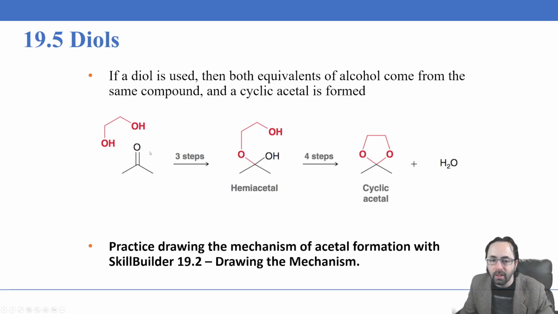So when you have a ketone here with a diol, both equivalents of alcohol come from the same molecule. And so in the first step of the mechanism, you form the hemiacetal with the OH group and then an ether here. And then we have a reaction of the second alcohol producing the second ether, and we get the cyclic acetal. Again, this particular reaction is extremely important for carbohydrates.